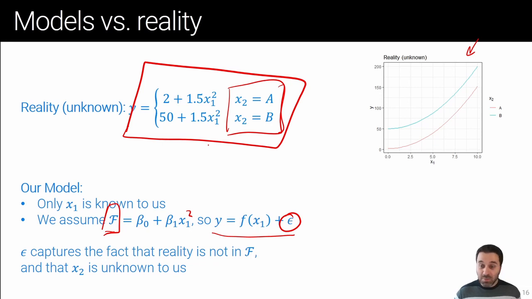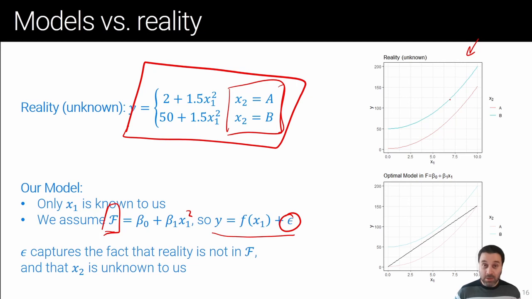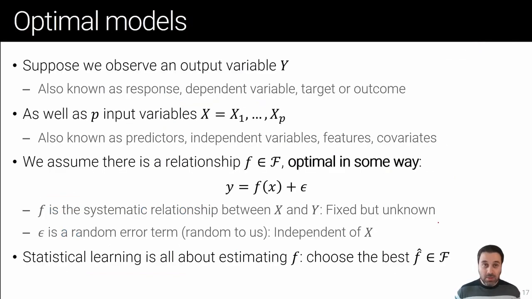So it's impossible for us to have a model that looks like reality, because we're missing one of the variables that determine the response y. Given this assumption about the class of models we're going to use, we can think about the best model we can possibly use for this reality, and that would be something like the black line over here. So the optimal model is something we have to talk about.